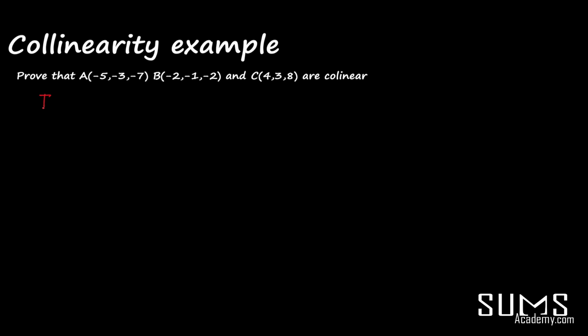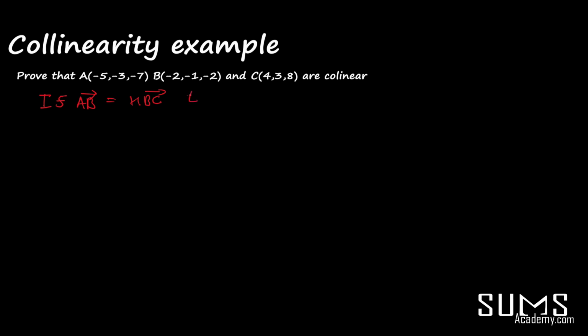You can start off by making a statement and say, if AB equals KBC, which is basically what we're saying, prove that A, B, and C are collinear. And we can see that this starter one is -5, this was -2, -3, so it's likely that B is going to fall in between these points.